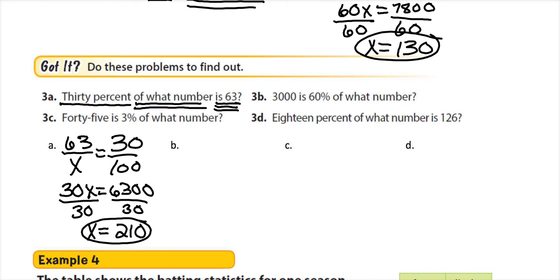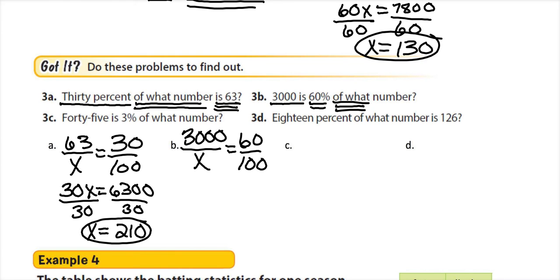Okay, letter B. 3,000 is 60% of what number? So it's 3,000 is 60%. Then of what? All right, so is over of equals percent over 100. Is, so that's 3,000. Of what? 60%.